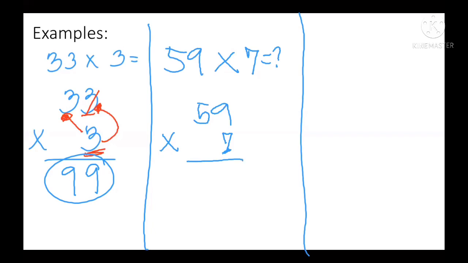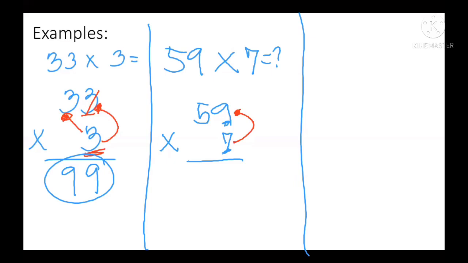The ones place digit in this number is 9. So we need to multiply 7 and 9 first. What is 7 times 9? 7 times 9 is 63. Very good.